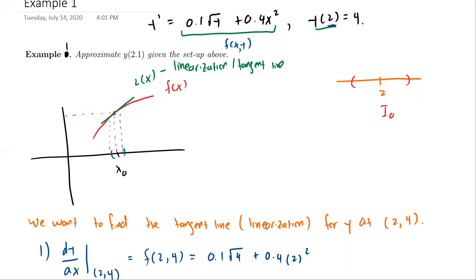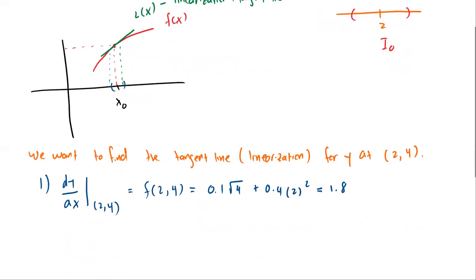Plus 0.4 times 4, right? And it ends up being 1.8. So again, we don't know what this function is, but we know exactly what the slope is at the point 2, 4.